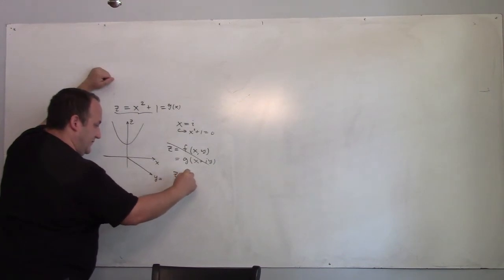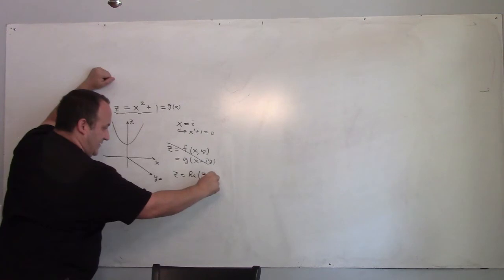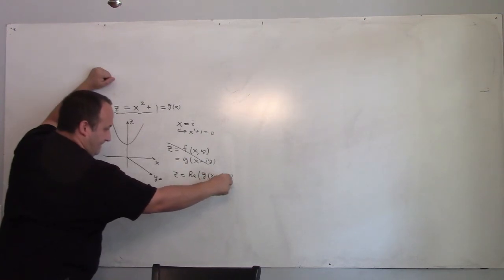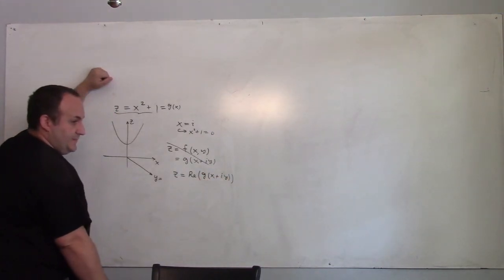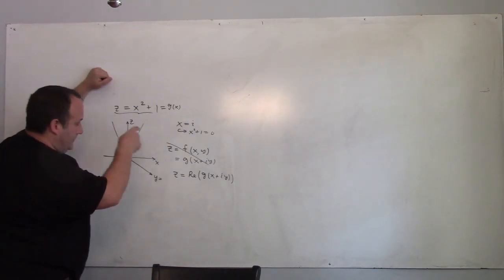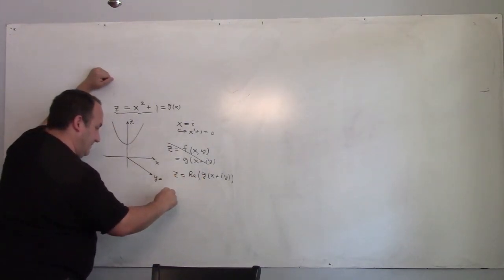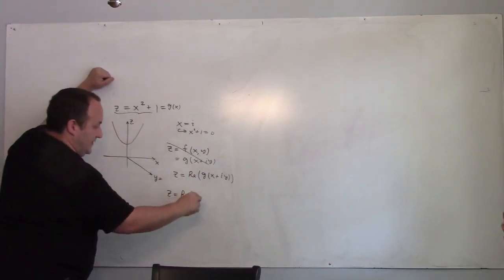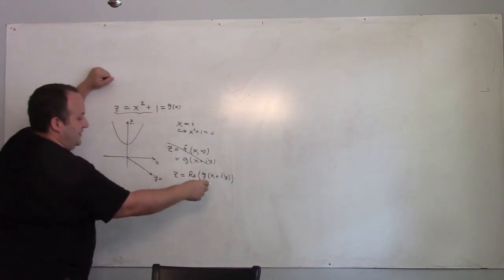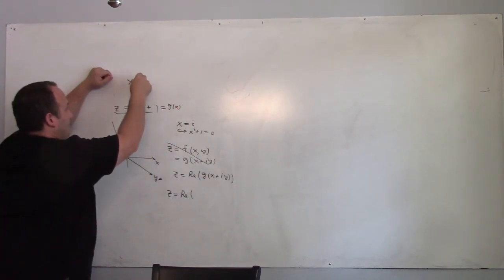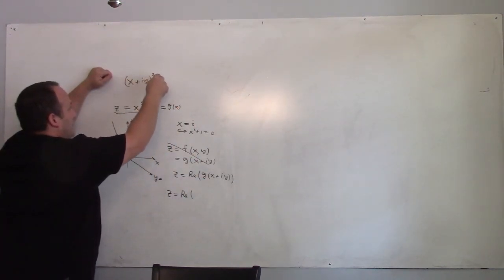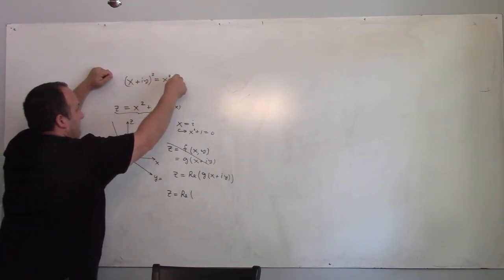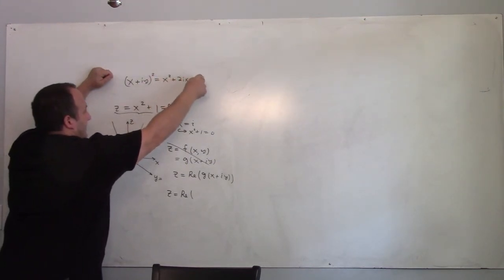Z is equal to the real part of g of x plus iy. See, it's the real part in this case. So for this one, x squared plus 1, if we put x plus iy squared, is that right?